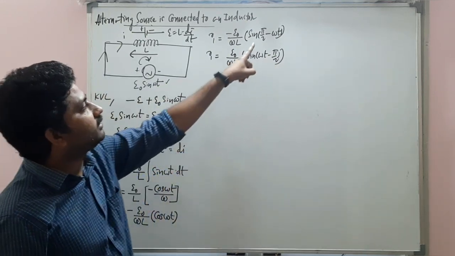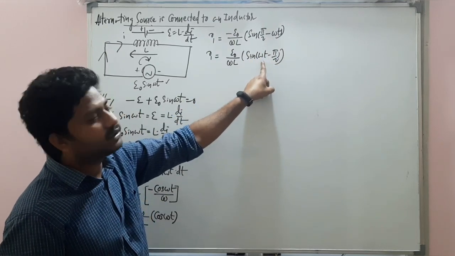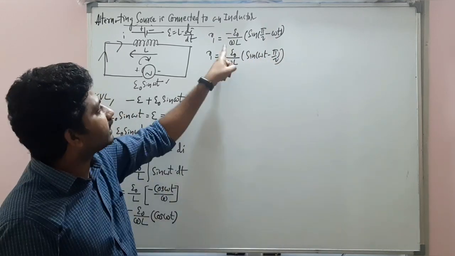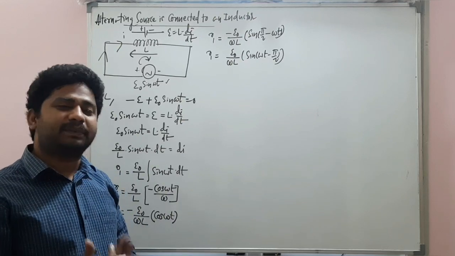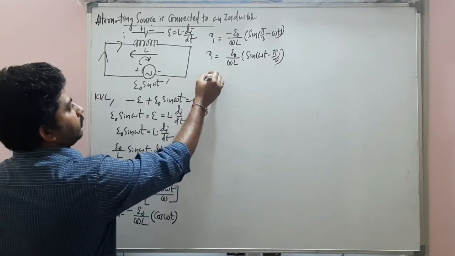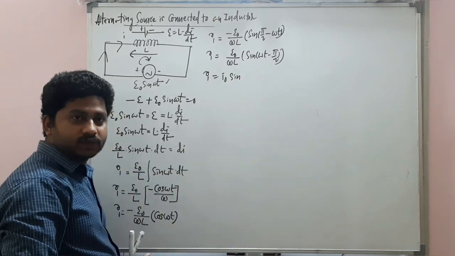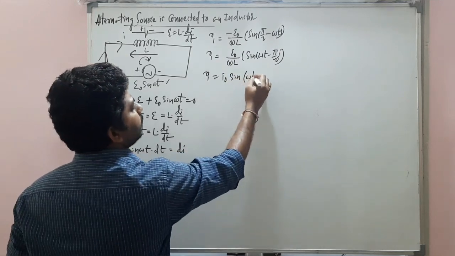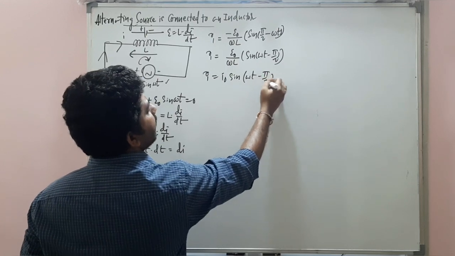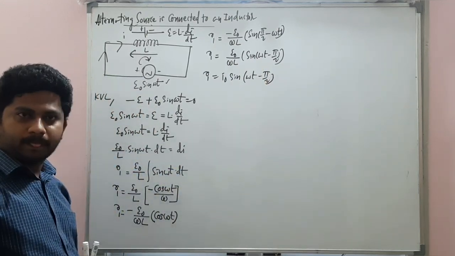Understand? Previously it is sine 90 minus theta. Now it will be sine theta minus 90 because the negative sign is kept inside. So now this I is equal to I naught sine, carefully see, omega t minus pi by 2.